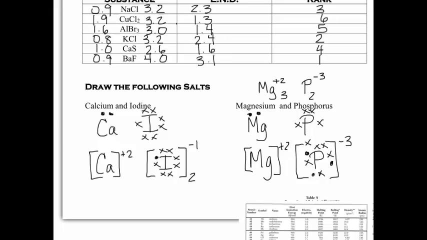So the only way to do that, since magnesium only has 2 to give, is if you have 3 magnesiums. And the only way to find homes for all 6 of those electrons with phosphorus is to have 2 phosphoruses, if that's a word. So I'm going to use subscripts to show this, but you are certainly welcome to draw out 3 magnesiums and 2 phosphoruses. And that's how you do ionic bonding.